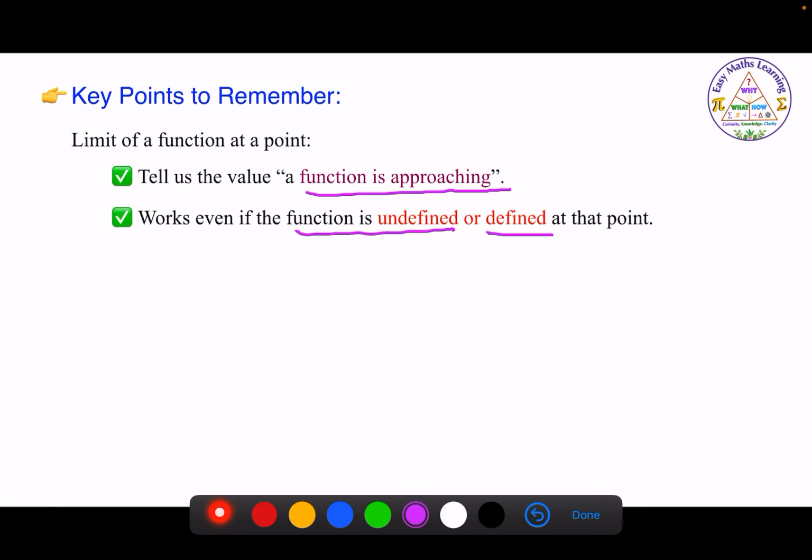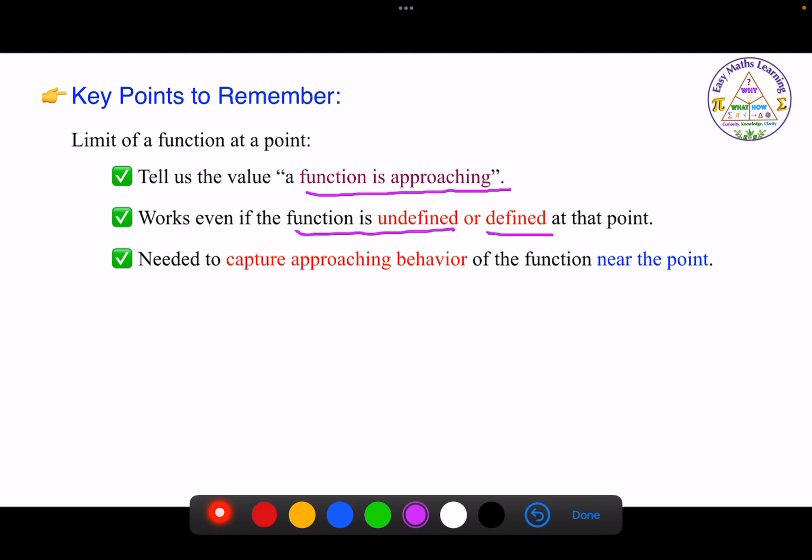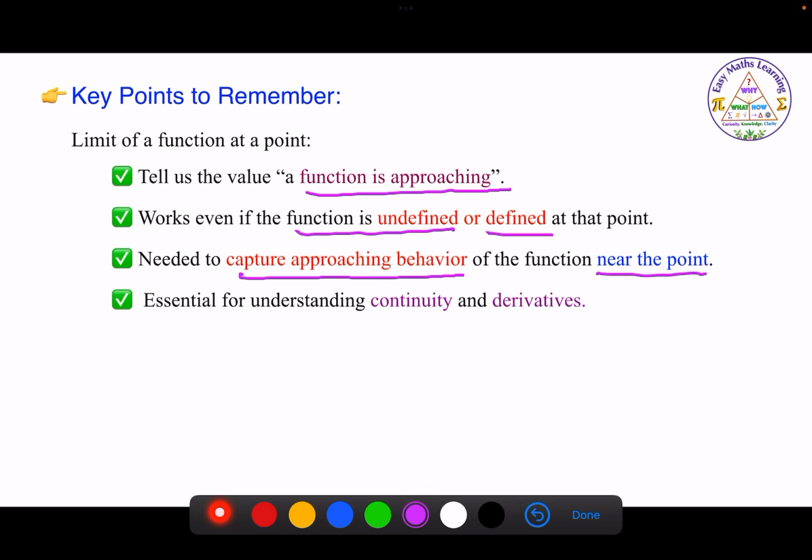Function is defined or not defined, we can find out the limit. Okay, limit may exist. Limits help us to capture the approximate behavior near the point, okay, which is very essential to understand the continuity and derivative concepts.